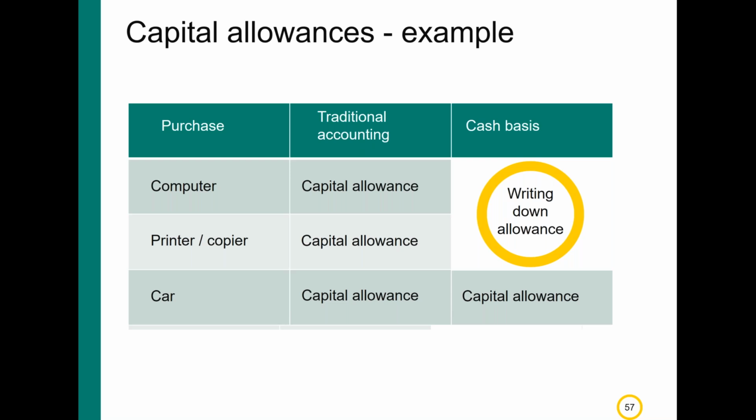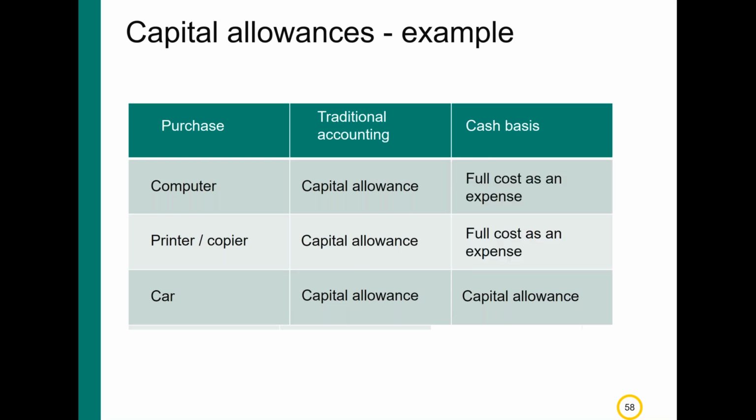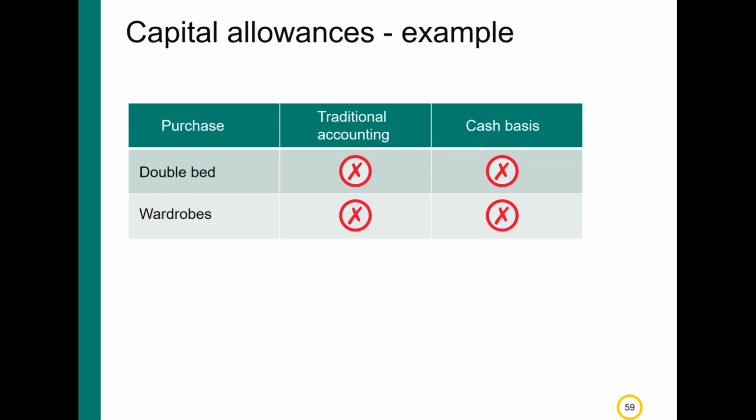If you're using cash basis, you should claim a capital allowance for the purchase of the car, and this must be a writing down allowance. However, the full cost of the computer and printer/copier can be claimed as an expense against your income. If you also purchased a double bed and some wardrobes for the properties, whether you're using traditional accounting or cash basis, capital allowances aren't available for these costs.